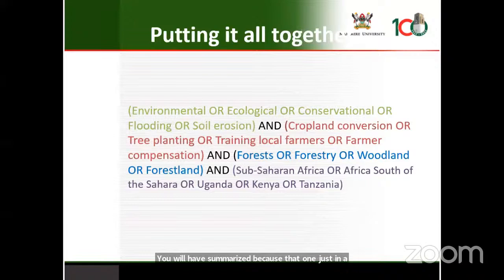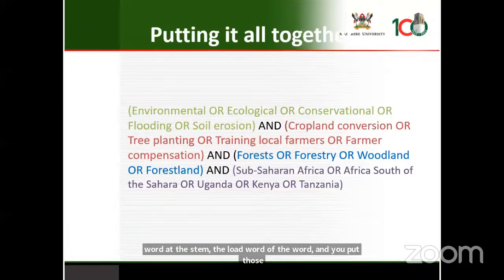I don't know if that is clear, but truncating helps you. I think truncation is an English word. Yes, maybe to clarify on that, we can call it stemming. You get the whole word and you stem the root word and you put that truncation symbol.